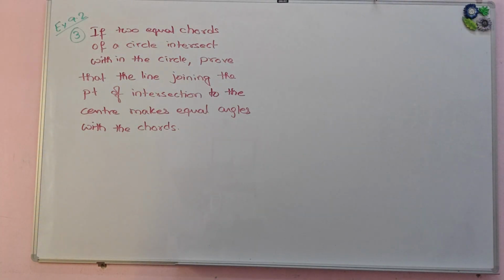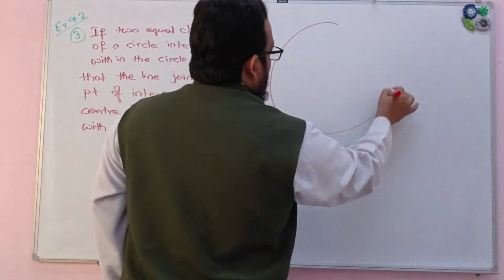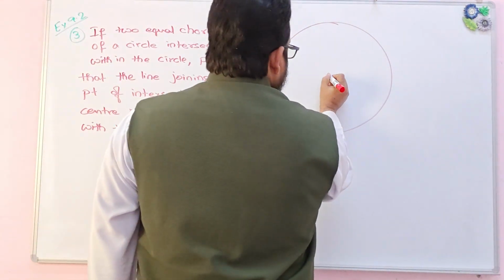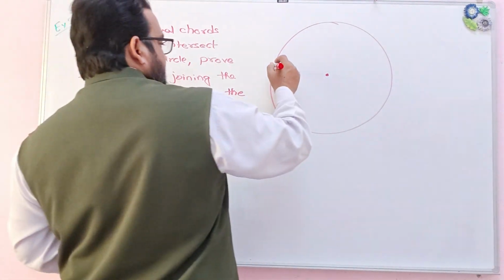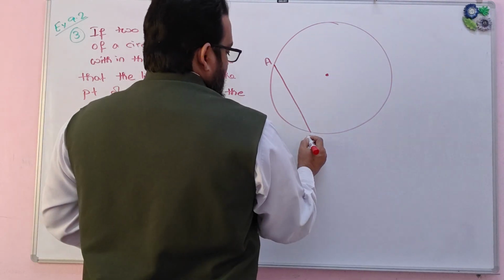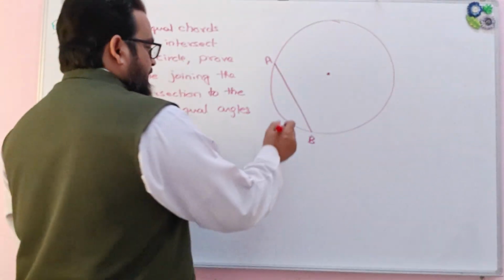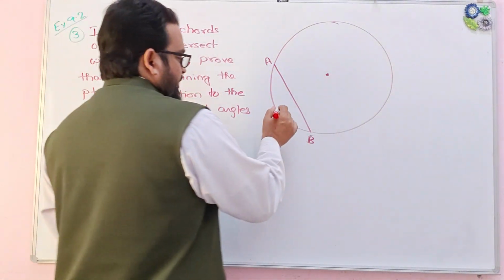If two equal chords of a circle, okay, so that means let us take one circle, and after that there are two equal chords. So let us say this is AB and CD, and they are intersecting within the circle. Intersecting means they are meeting somewhere.